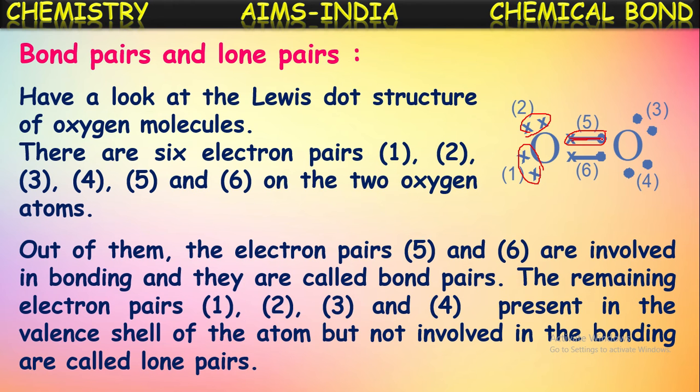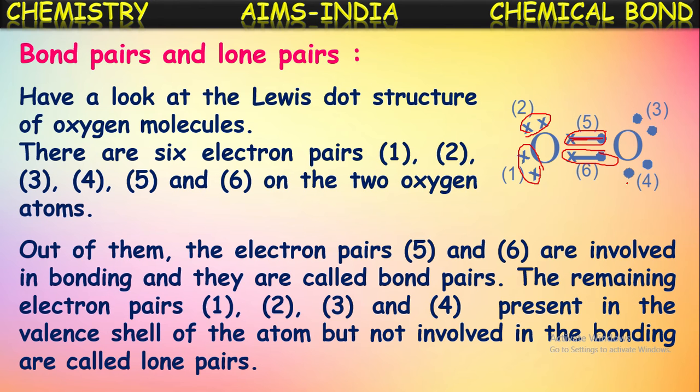So the pairs of electrons which are participating in the bond formation are called bond pairs of electrons. Now we can say this is one bond pair and this is also one bond pair, pairs 5 and 6 representing bond pairs. The remaining first, second, third and fourth pairs of electrons are present in the valence shell, but they are not involved in the chemical bond formation.